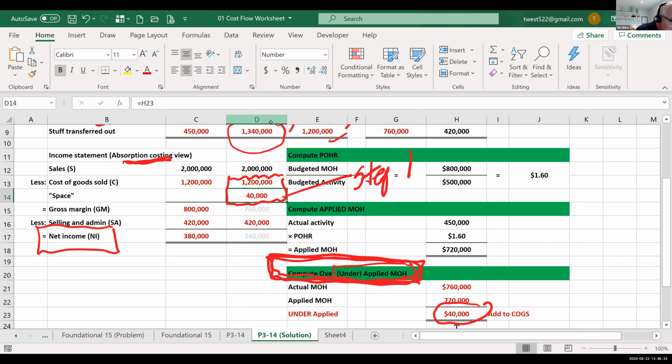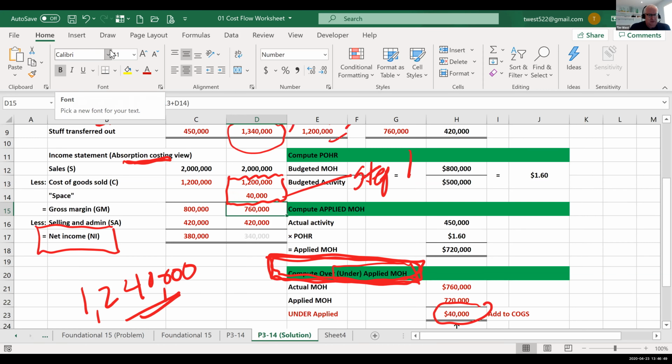So my cost of goods sold now is going to be $1,240,000. And as a result, my new gross margin is $760,000. And so there's where the mind bending part comes in, because the adjustment increases my cost, but then what happens to my gross margin, Eric? Our gross margin goes down.